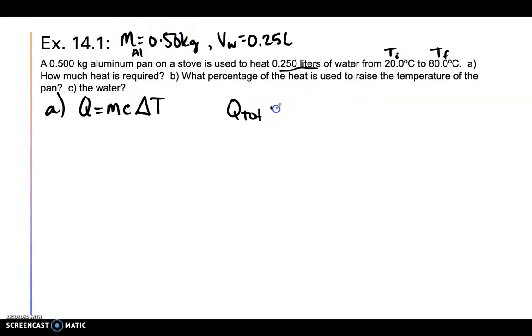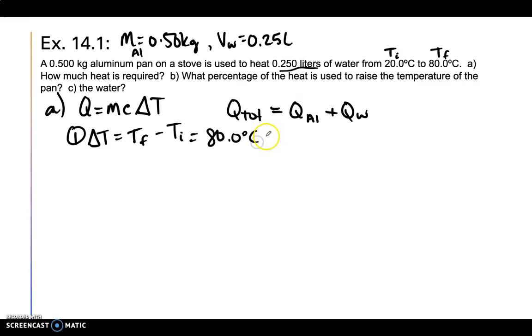So my total heat is going to be Q of the aluminum pan plus Q of the water. So my first step is going to be determining my delta T. My delta T is going to be my final temperature minus my initial temperature. So that's 80 degrees Celsius minus 20 degrees Celsius. So my delta T is then 60 degrees Celsius.